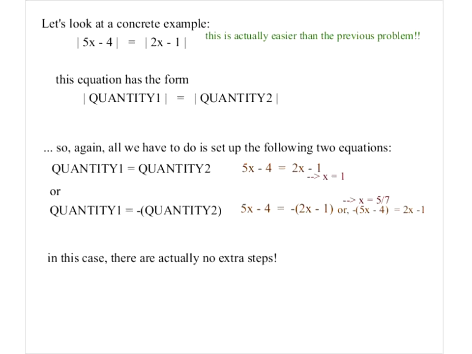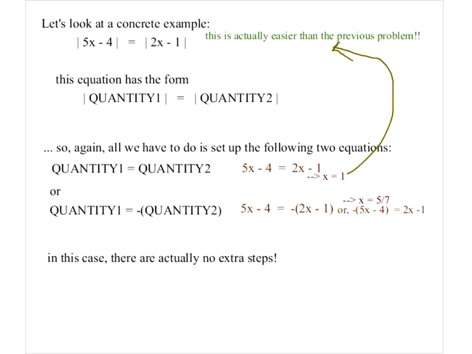Now here's the difference. In this case, there are actually not any extra steps, because this is going to work out no matter what. I can guarantee you that both of these will work. I mean, if you go ahead and plug back in anyway, here's what will happen.